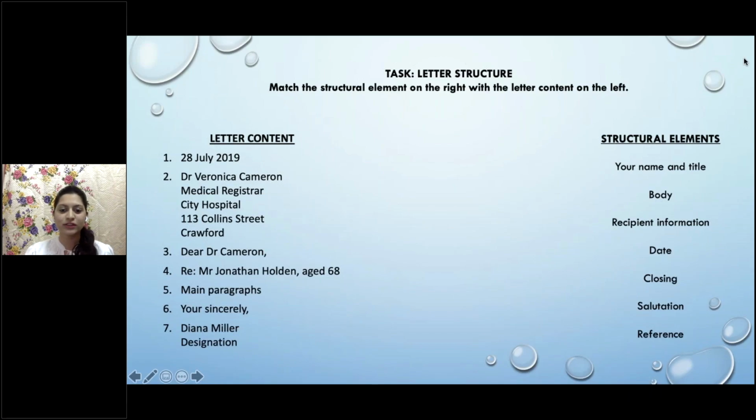So you'll have to tell me what goes first and then what goes second and then how you end it. Basically, if you see the left side of the slide, you should be able to guess.